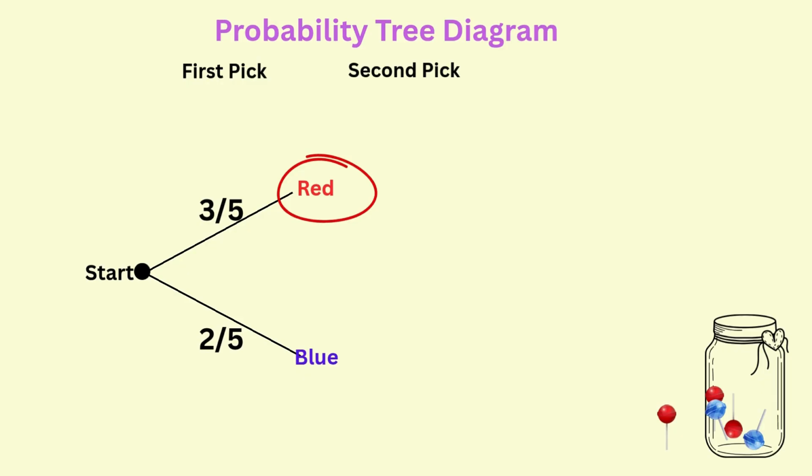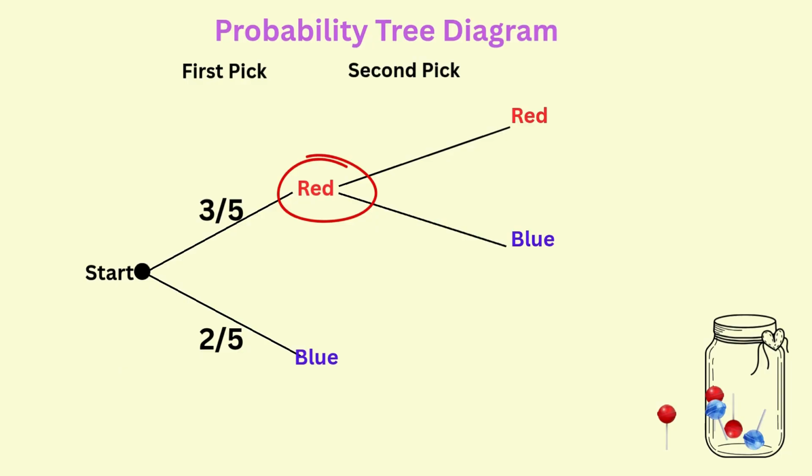The jar would still contain sweets with 2 different colors, so still 2 possible outcomes represented by the branches red and blue. Now, if the first sweet drawn was red, then there are only 2 red sweets now left in the bag from a total of 4.